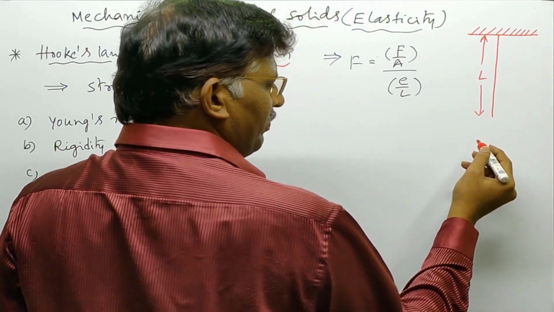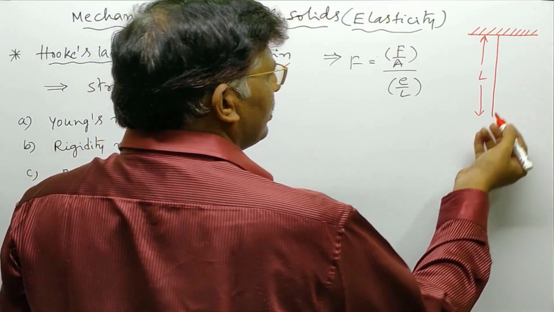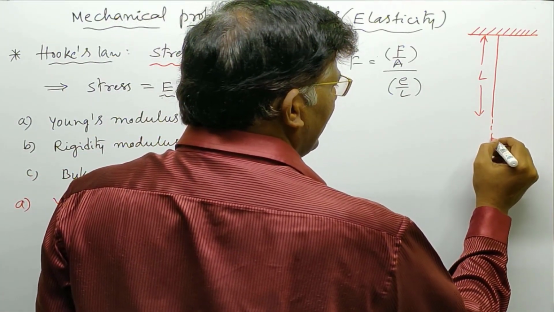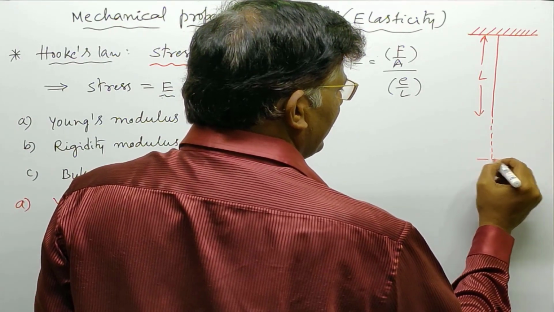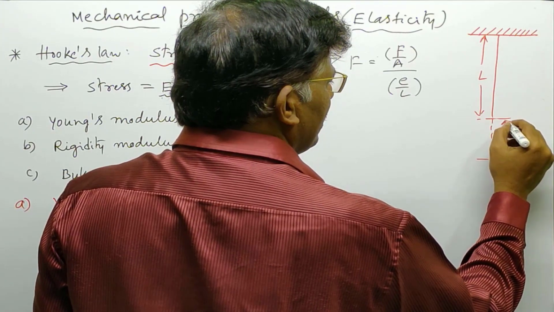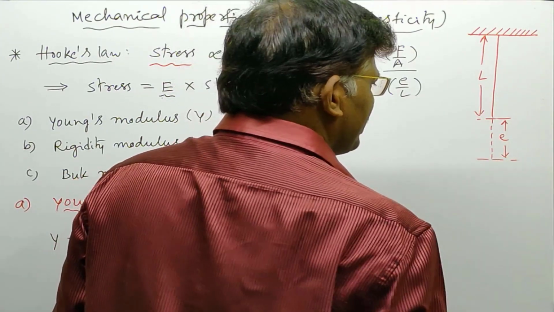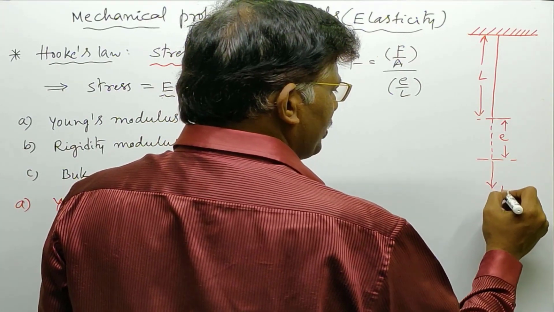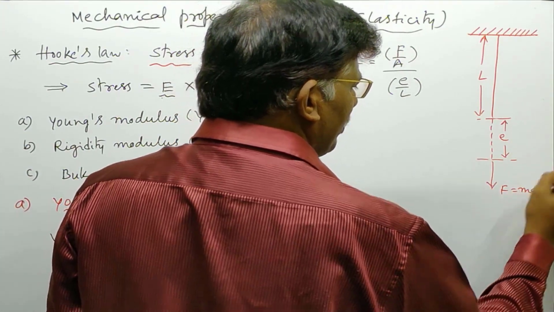By the application of a force capital F, or by suspension of a mass M, the wire extends up to a certain level. So the original length is capital L, and the elongation, or increase in length, is the extension of the wire due to the application of a force, or by suspension of a load.